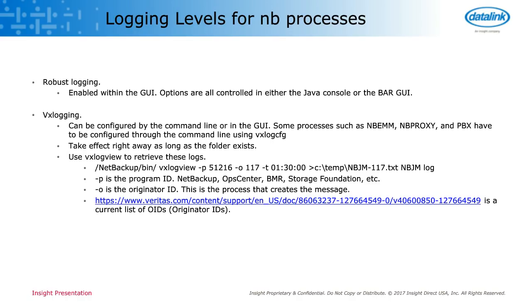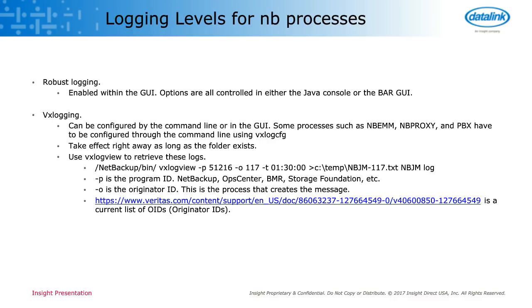-O 117 is the NBJM process. This article will give you a current list of originator IDs hosted by Veritas. You can simply go out to Google or any search engine and type in NetBackup OID list, click on the Veritas link, and you will get the list of originator IDs.